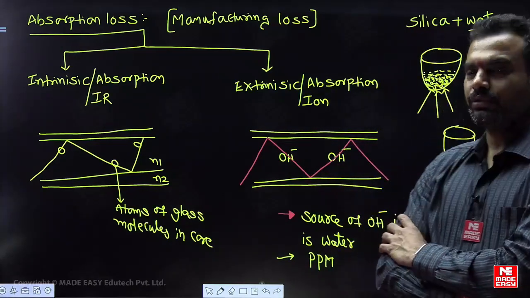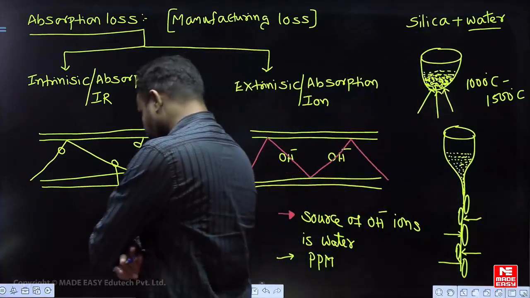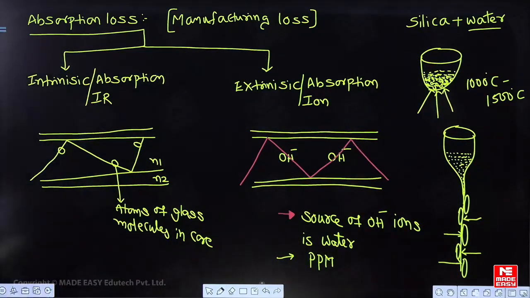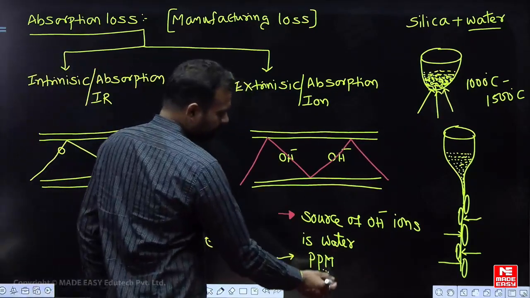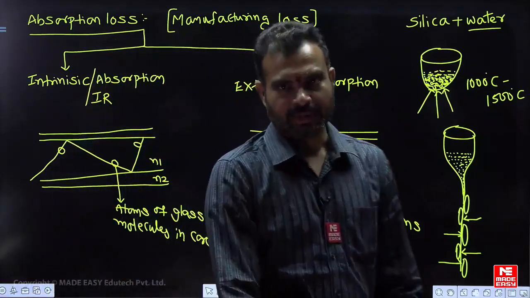The source of OH minus ions is water, and it can be measured as parts per million, ppm.